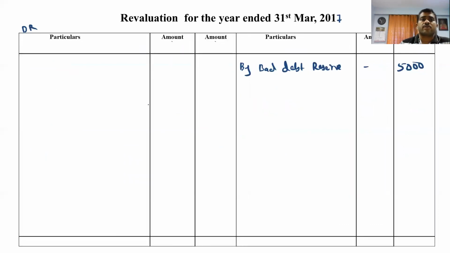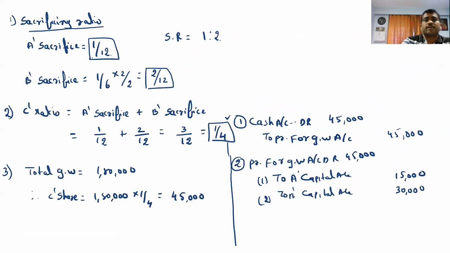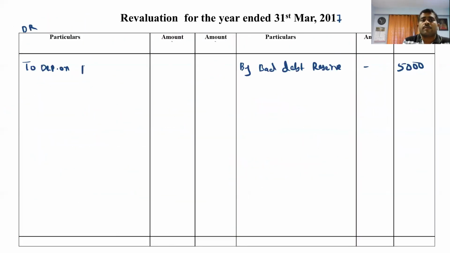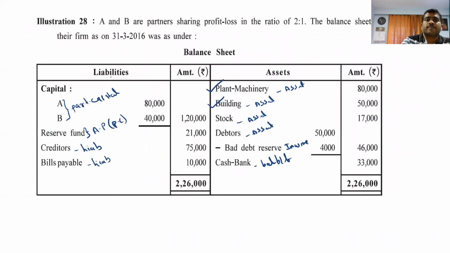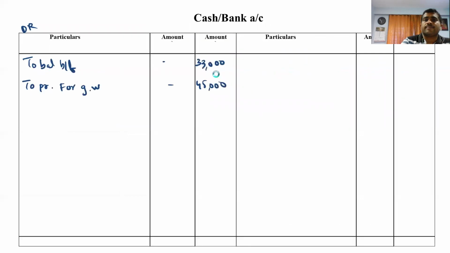Revaluation debit side. So revaluation debit side, it's an expense for us. So to depreciation on plant and machinery, 8,000. To depreciation on, I think, furniture, sorry, building, 5,000, no? This we can check one time.